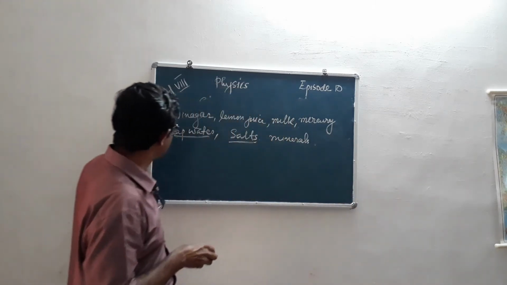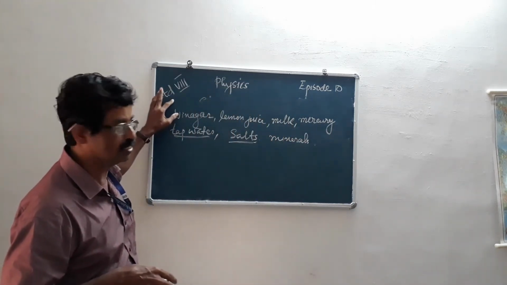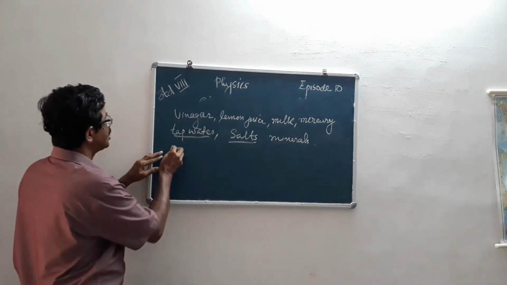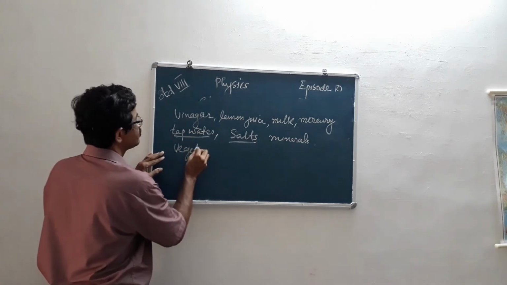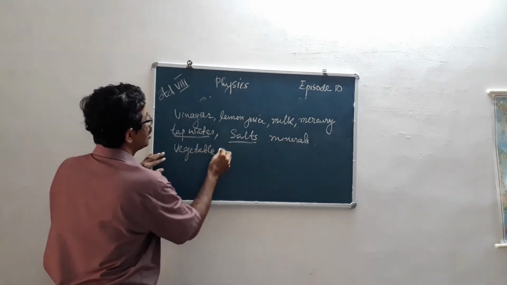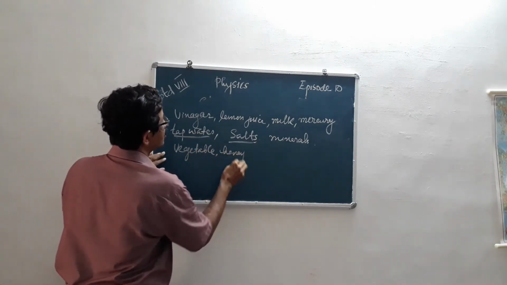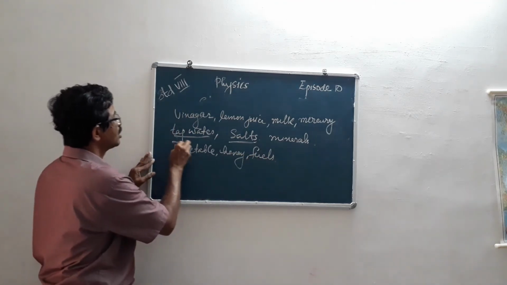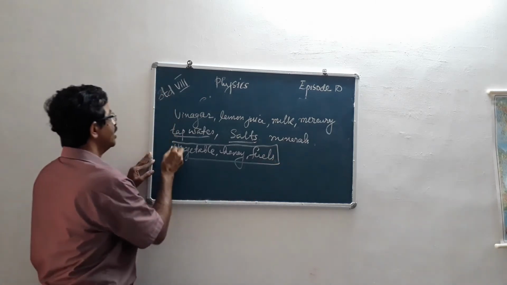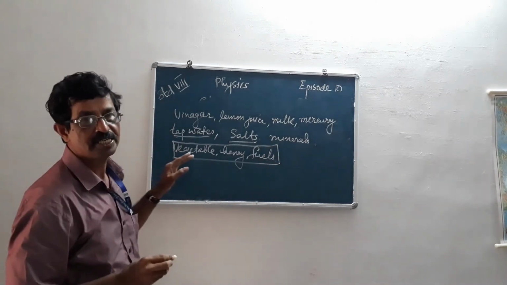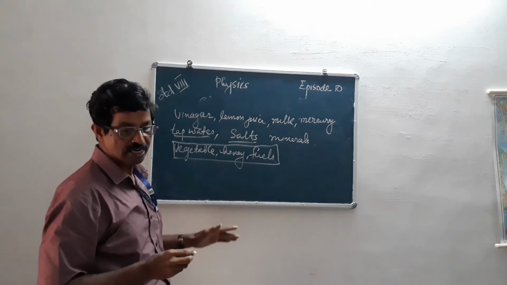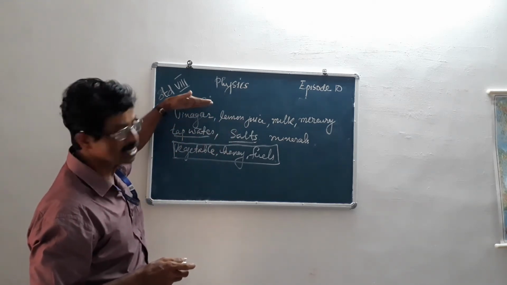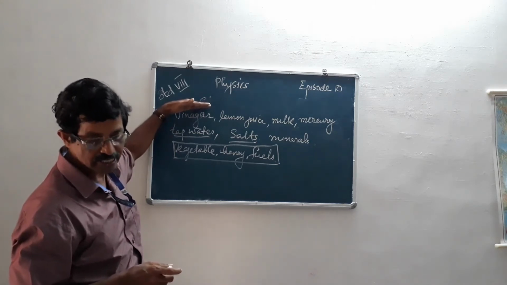But some liquids, such as vegetable oil, honey, fuels, etc., do not conduct electricity through them. But tap water and well water can conduct electricity.